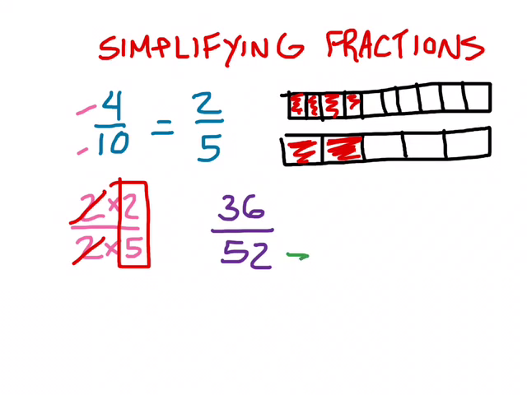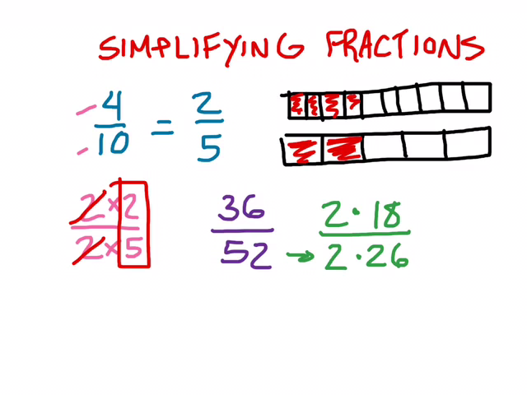Starting with the 52, I recognize that 52 must have a factor of 2 because it's an even number. So, factor of 2. And I can figure out pretty quickly that the other factor, 2 times what makes 52, is 26. So 52 is made up of a 2 and a 26. Similarly, 36 is made up of a 2 and an 18, and that's just a fact that I remember.